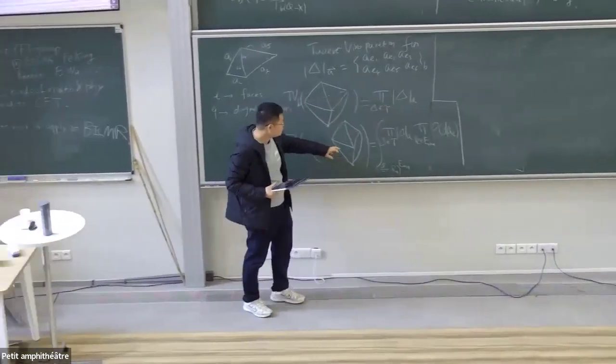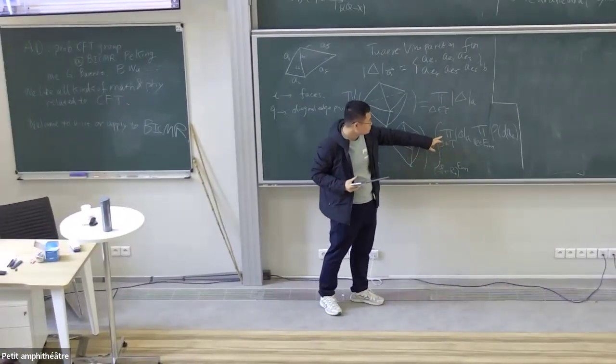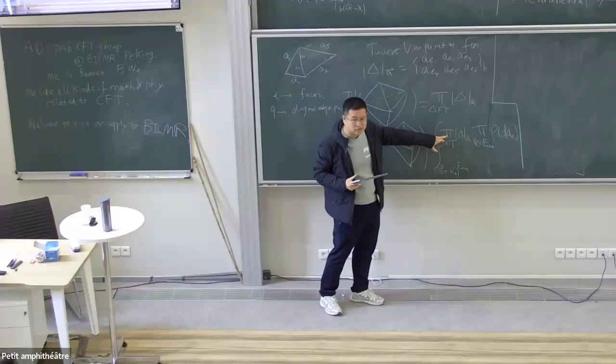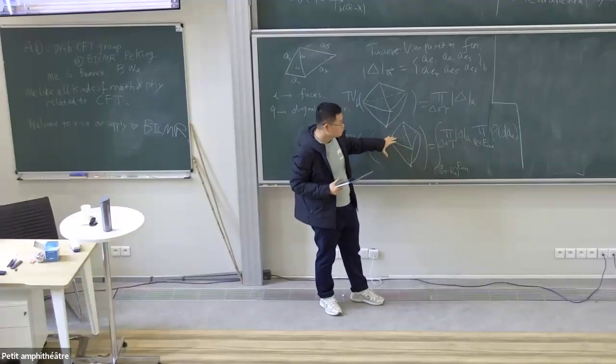So what I'm doing here is that I'm still just multiplying all the weights for these tetrahedrons.